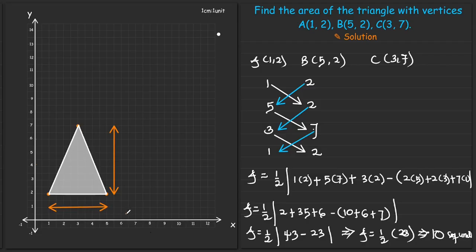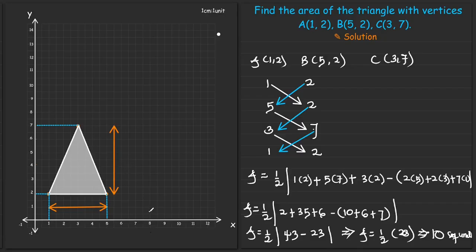And how do we get these? We just use the coordinates. By the coordinates, we actually already have them. The coordinate of this, that is the 7 and then the 2. So for the height, we are going to use the y coordinates, that is the 7 and then the 2. And then for the base or the width, we are going to use the corresponding x coordinates. So if we want the height, then it's going to be 7 minus 2.